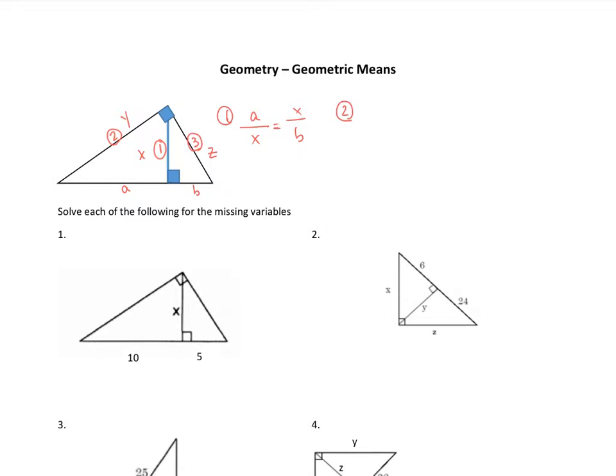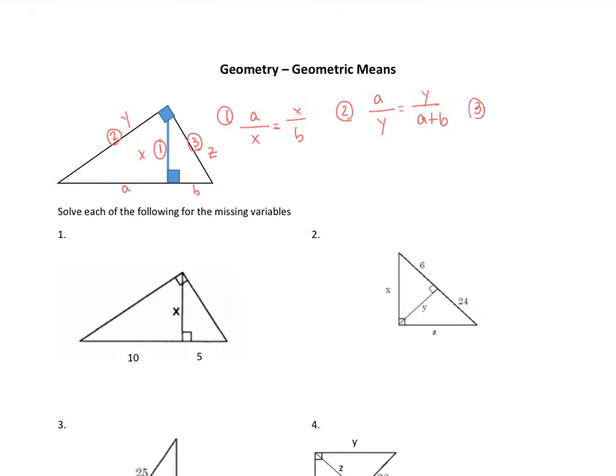If we have one of the legs, let's call Y as our geometric mean, we'll put the geometric means on the corners like that. Well, then it's the geometric mean of the part that's adjacent to it, this A, and the whole hypotenuse. So it'll be this part and the whole thing. So in other words, it'll be A and then A plus B.